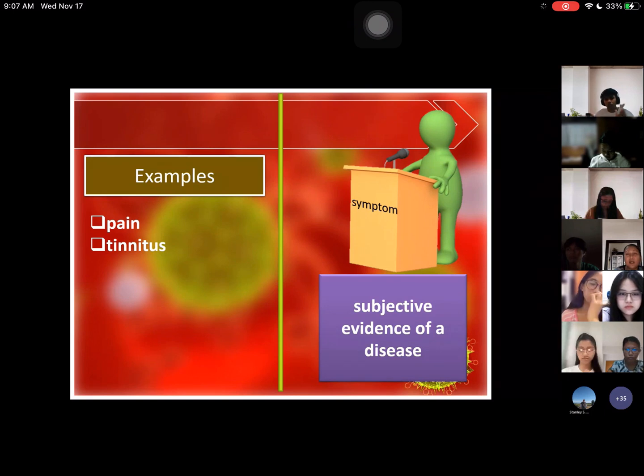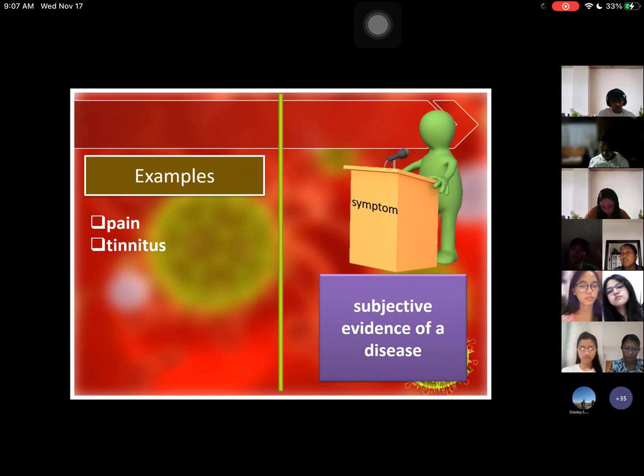If a part of your body is painful, you can say it to the doctor, because the doctor will ask you what you are feeling and what part of your body is painful. That is one of the ways the doctor can diagnose your infection or confirm your disease. That's pain.